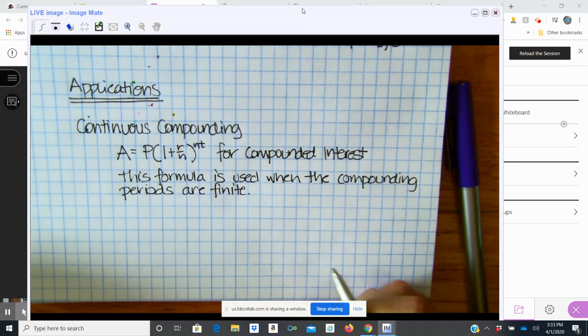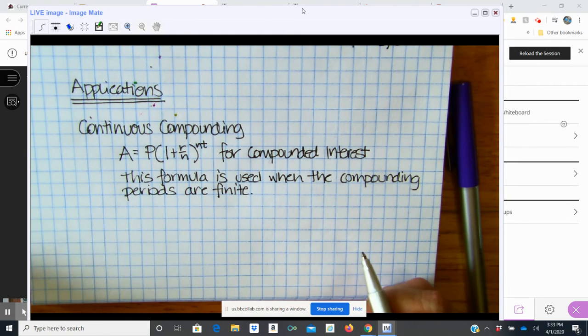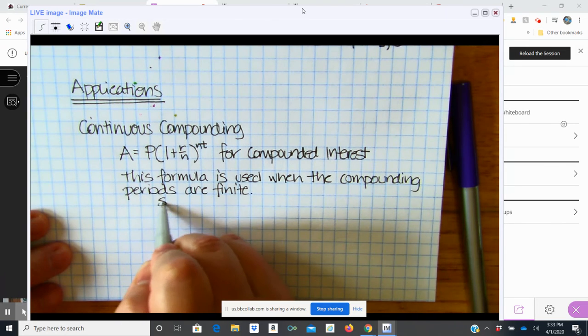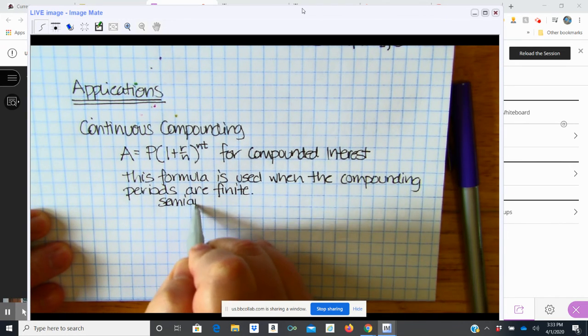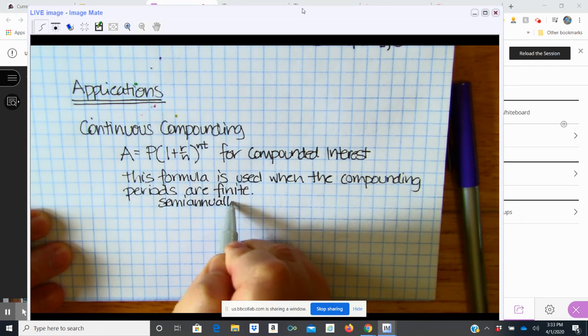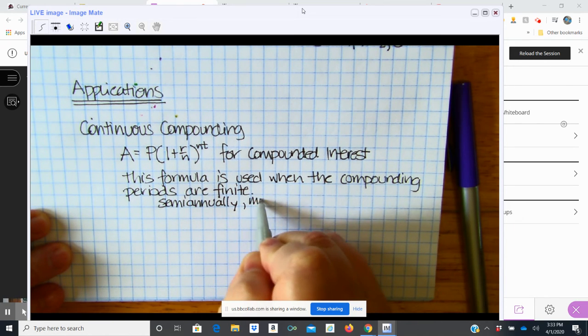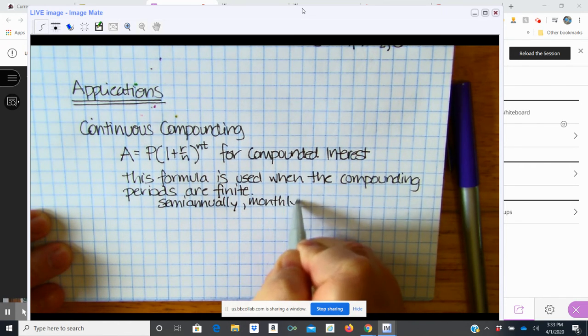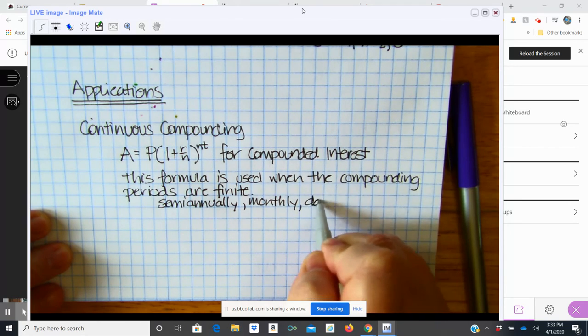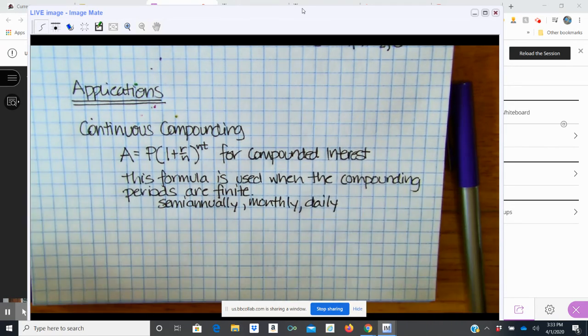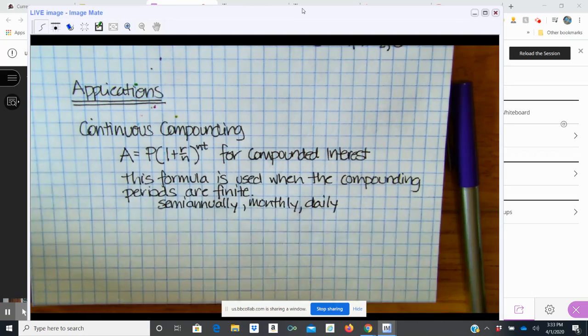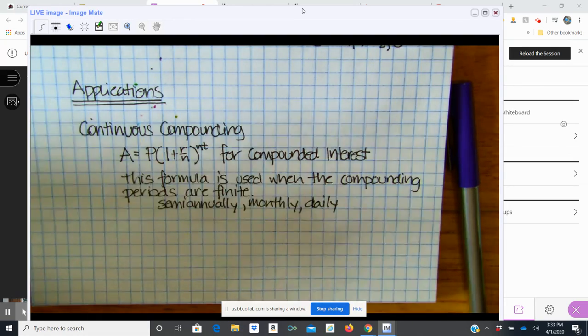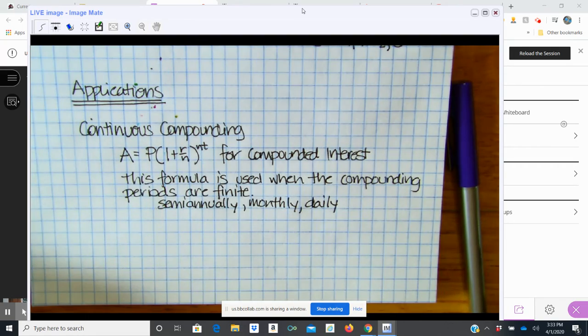That is, they're a definite or finite number: when there are 2 compounding periods a year, known as semi-annually, or if they say it's compounded monthly, or if they say it's compounded daily. All of these are definite numbers that you can give me, right? A 2, a 12, a 365.